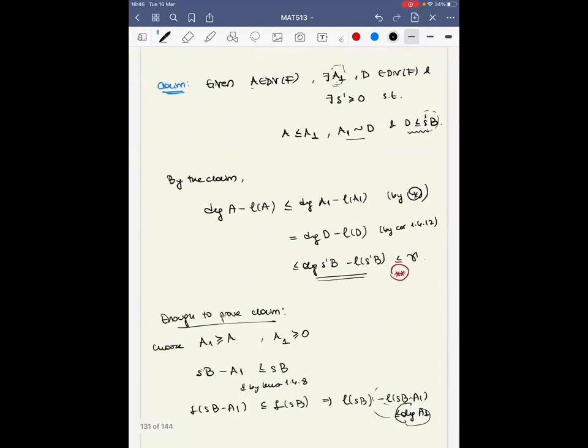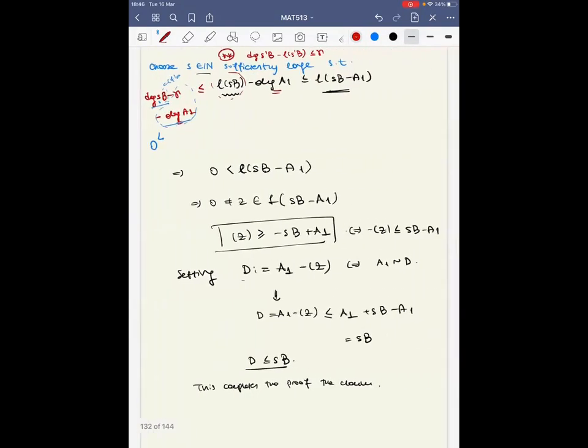And thanks to this claim, now we know that this statement holds for every positive degree divisor.